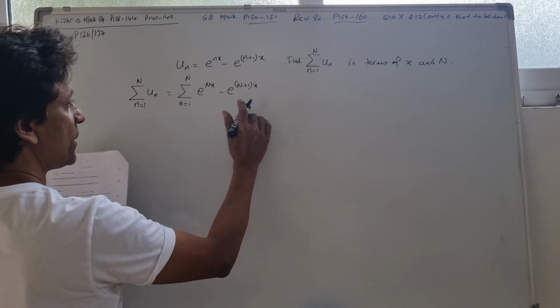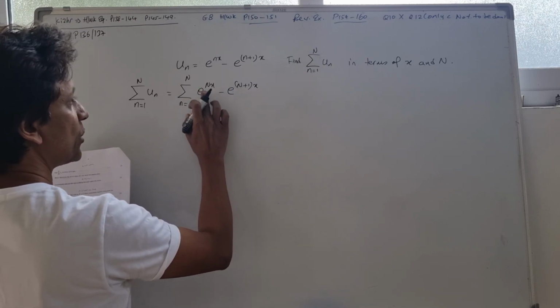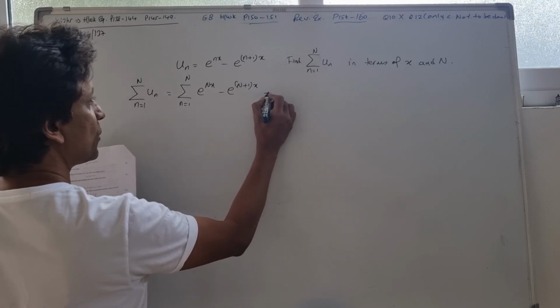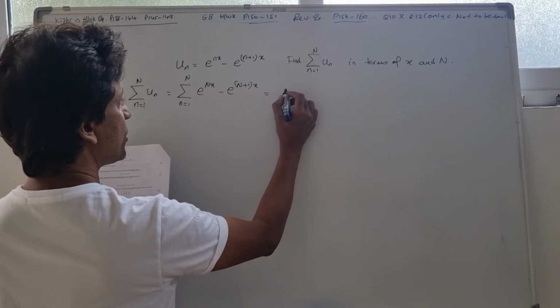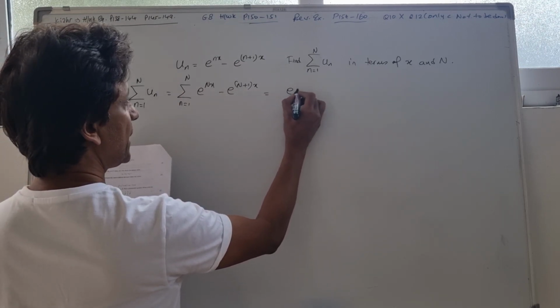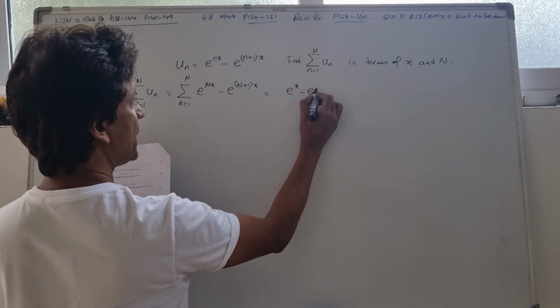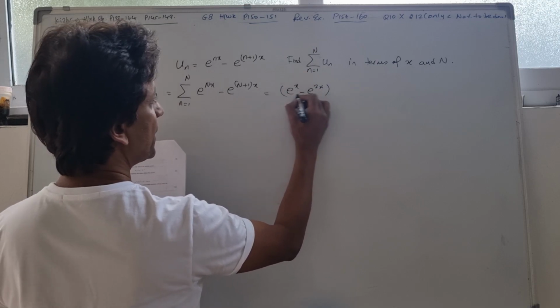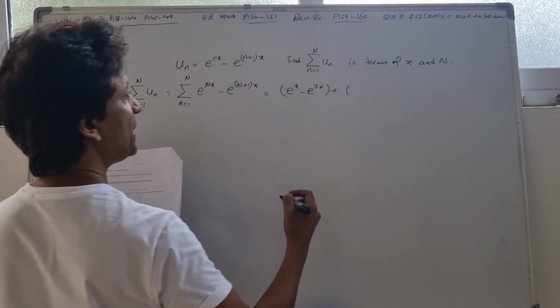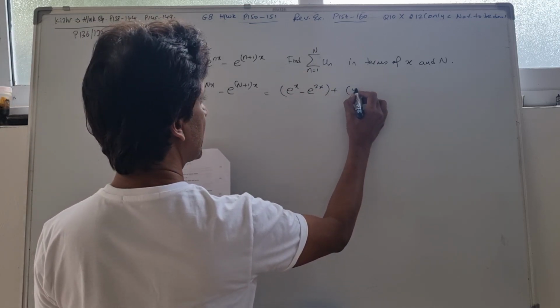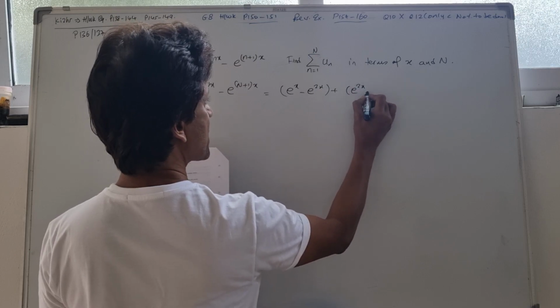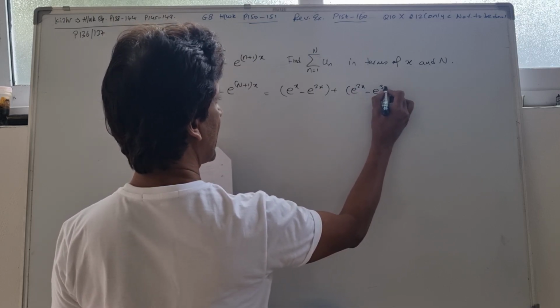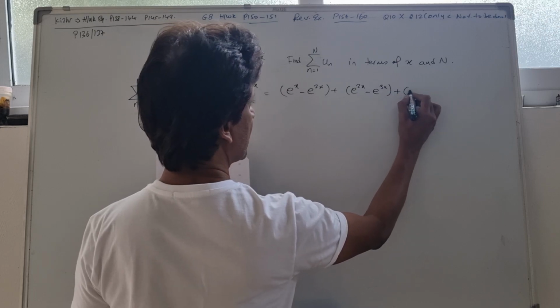To write down a few terms, I'm going to start off with n equal to 1. If I put n equal to 1 here, I get e to the x minus e to the 2x, since 1 plus 1 is 2. Add to that, when n is equal to 2, I get e to the 2x minus e to the 3x.